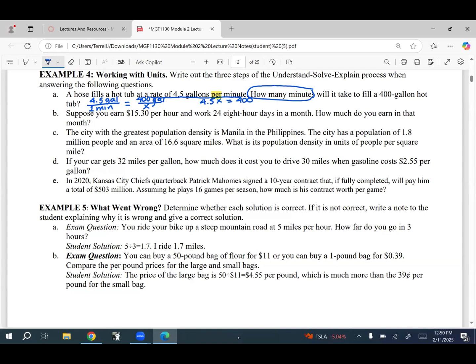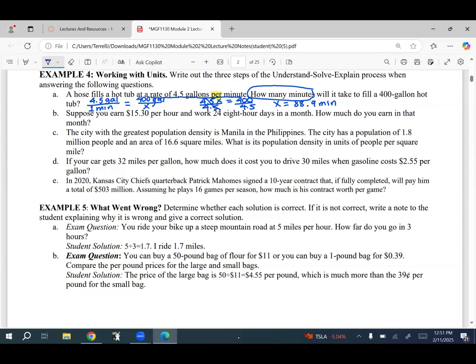And so your goal is to solve for x. So I divide by 4.5 on both sides. So the 4.5 cancels there. And you get x equals, this turns out to be like 88.9. And we're talking about minutes. That is our answer.